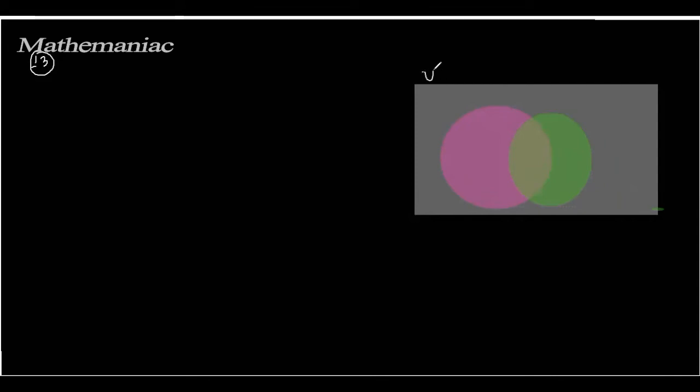This is the U, the set on which you have conducted the survey, that will contain 600 children, and 150 were found to be taking tea, another coffee, right? So we are going to denote the sets by T and C, T for tea and C for coffee.